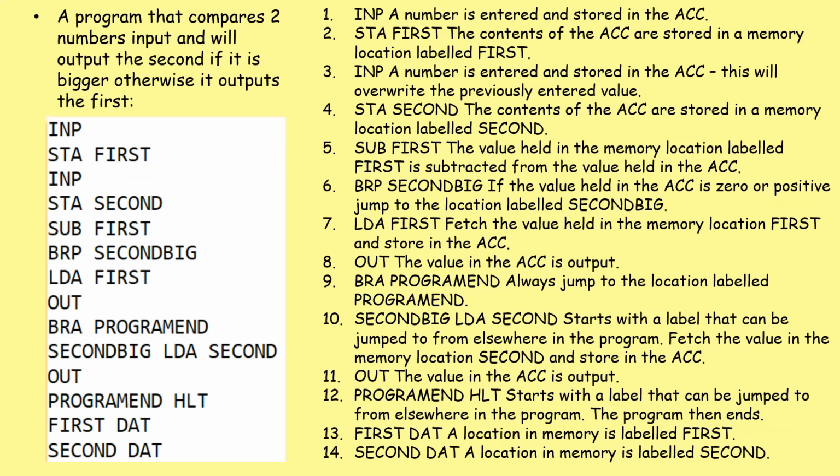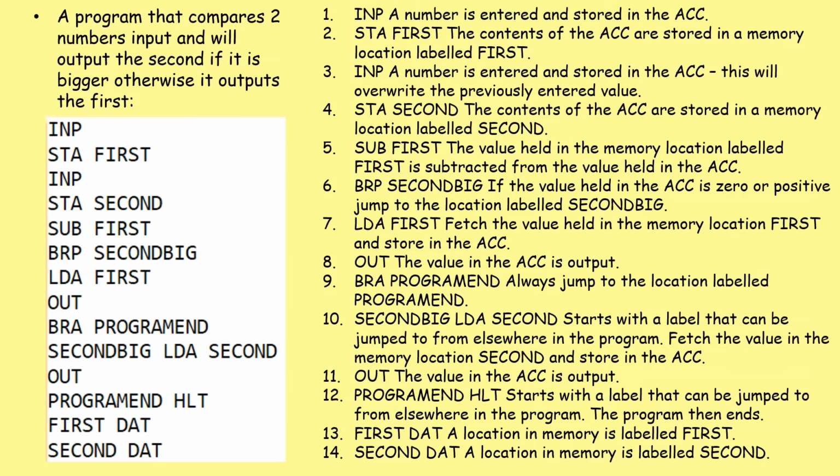Line 10, start with a label that could be jumped to from elsewhere in the program. Fetch the value in the memory location second and store it in the accumulator. 11, the value in the accumulator is output. Line 12 starts with a label that can be jumped to from elsewhere in the program. The program then ends.